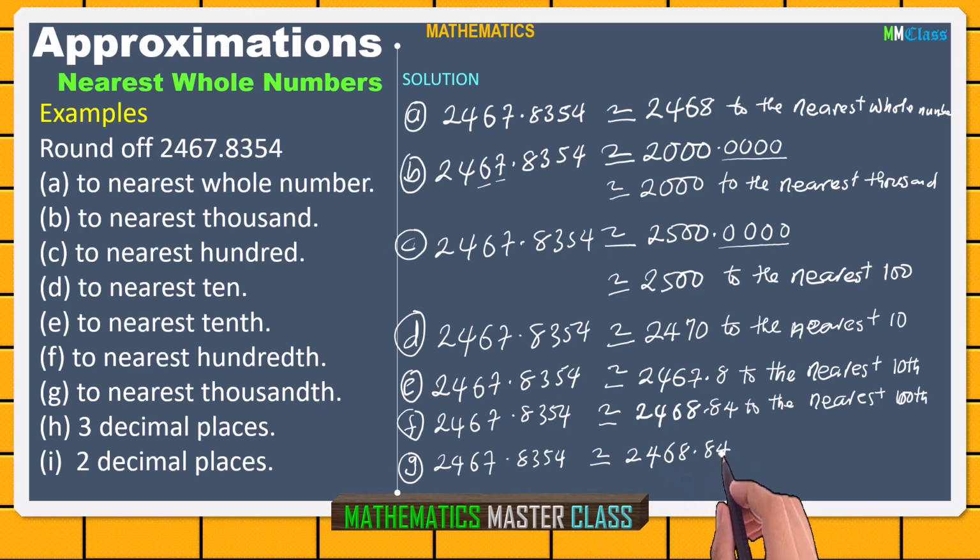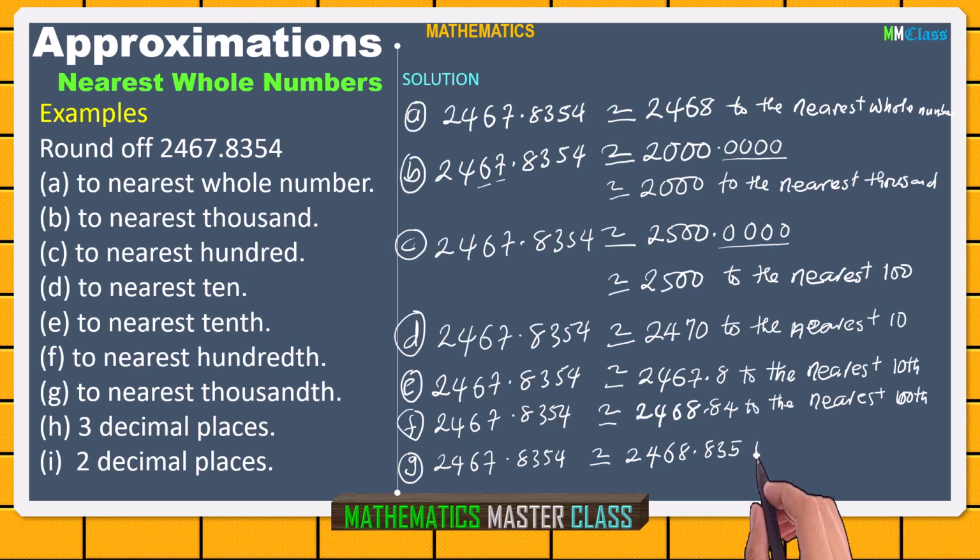Now before we write down the 5, we have to consider the number next to it, which is 4. Is 4 a number to round up or a number to round down? It is a number to round down, so we'll write our 5. So 4 will turn to 0, but because it's coming after the decimal point, we'll ignore it, we will not write it.